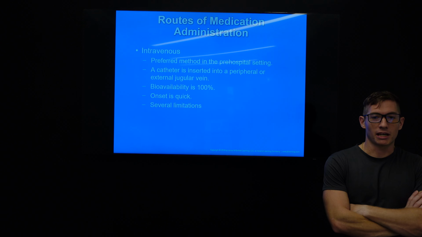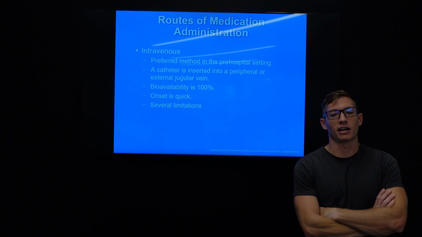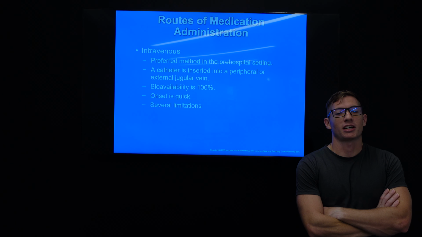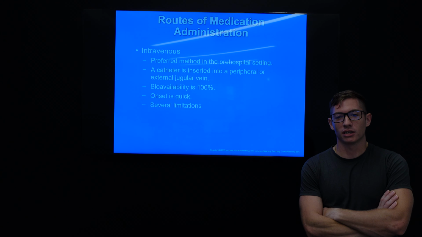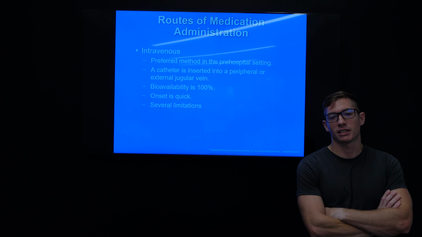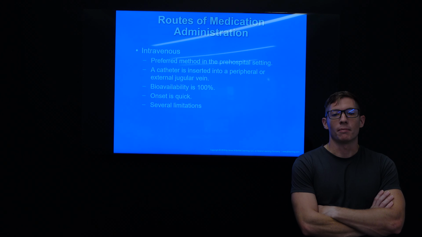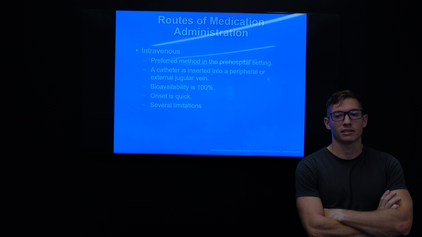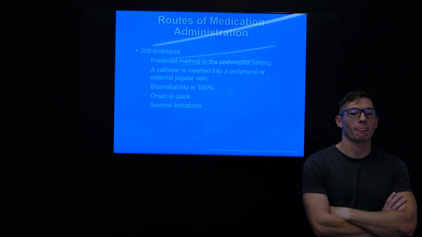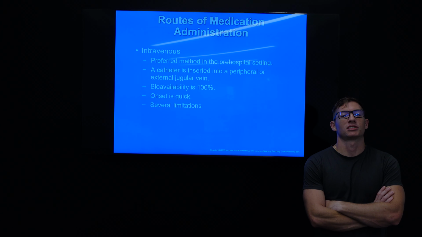Intravenous is the preferred method in the pre-hospital setting. A small diameter catheter is inserted into the peripheral or external jugular veins, typically 18 gauge, maybe 20 gauge. Medications are administered directly into the systemic circulation. Bioavailability is around 100%.